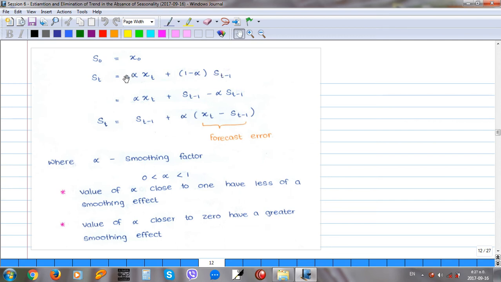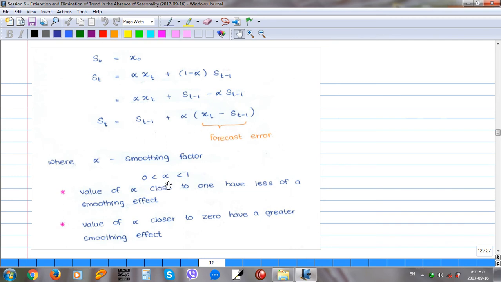Alpha is given in the question. You can remove the brackets, take S_{t-1} minus alpha S_{t-1}, and take alpha out of the brackets. Then you can modify the equation this way: S_t equals S_{t-1} plus alpha times (x_t minus S_{t-1}). This is the forecast error.